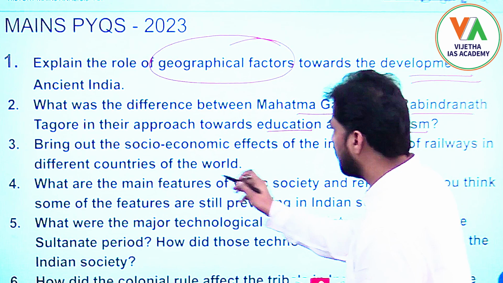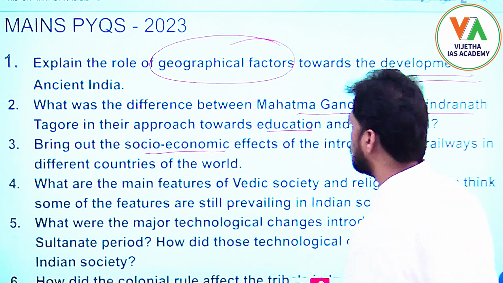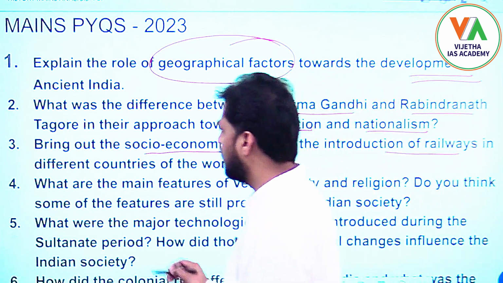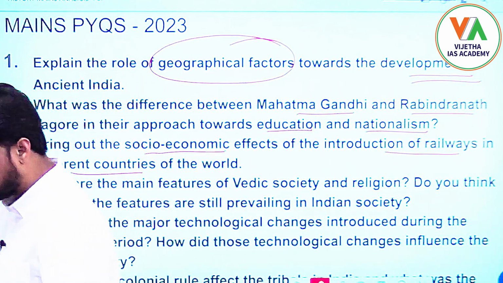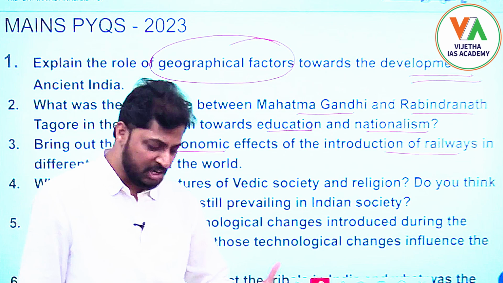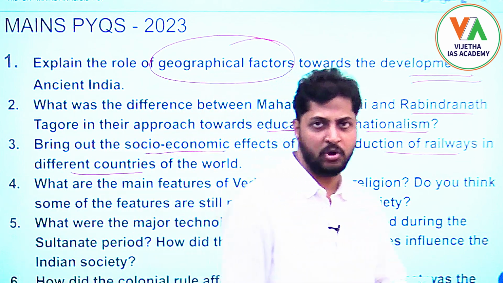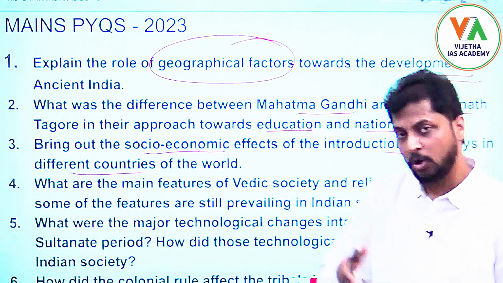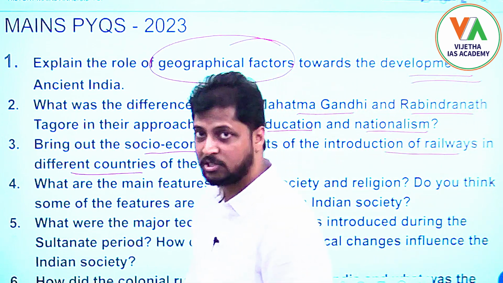If you see the third question here, it asks about the socio-economic effects of the introduction of railways in different countries. Generally, we know that the British introduced railways into India in 1853, which brought various social and economic changes.